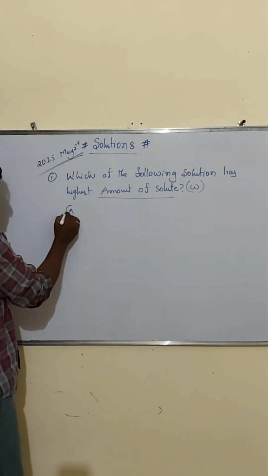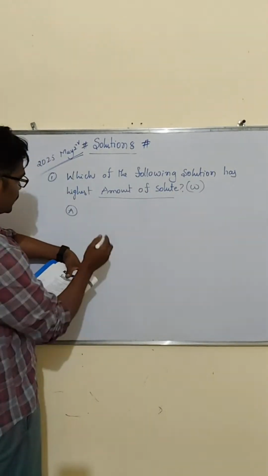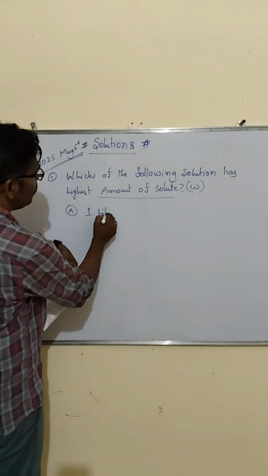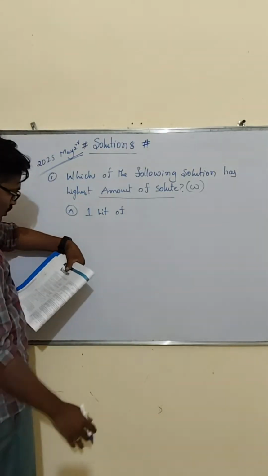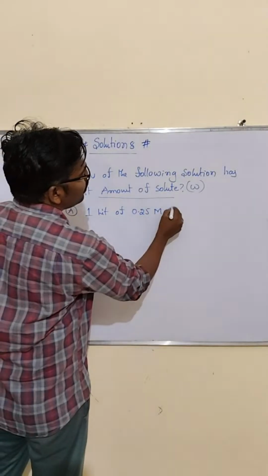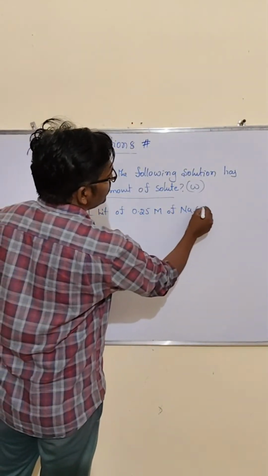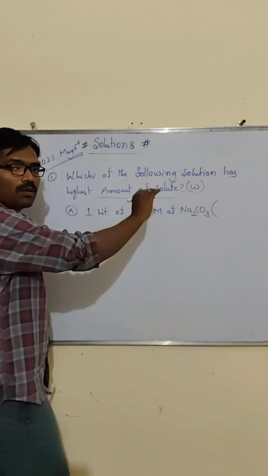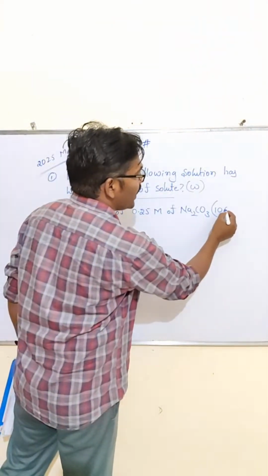The options are: A, 1 liter of 0.25 molarity Na2CO3, sodium carbonate, with molar mass 106 mentioned in the bracket.